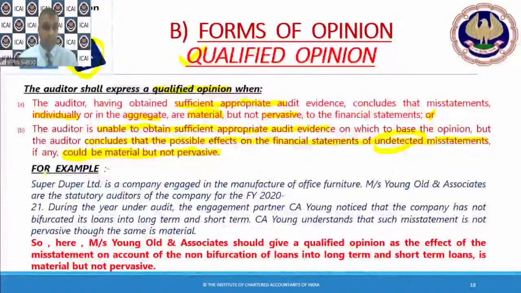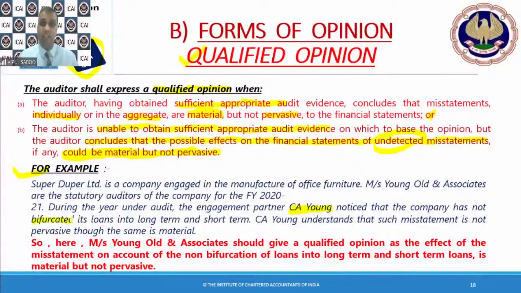There is an example. Super Duper Limited is a company engaged in the manufacture of office furniture. Messrs. Young, Old and Associates are the statutory auditors of the company for the financial year 2021-22. During the year under audit, the engagement partner, CA Young, noticed that the company has not bifurcated its loans.